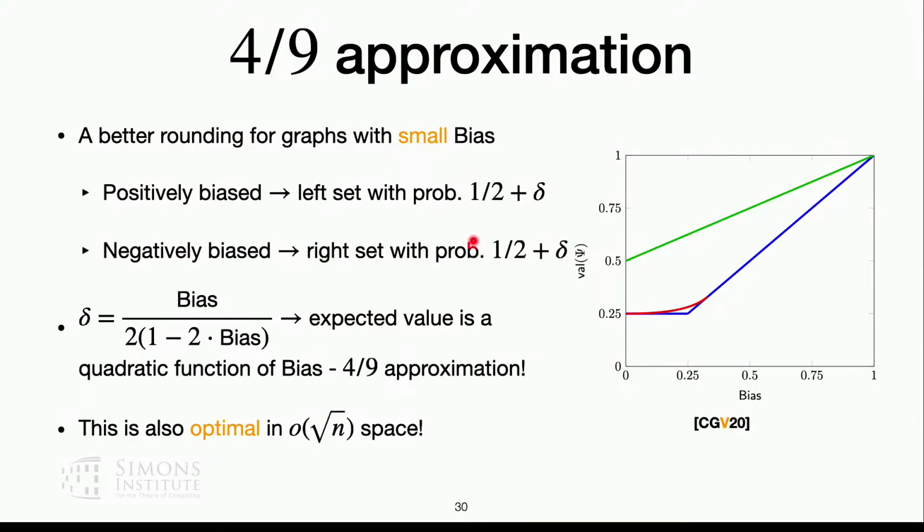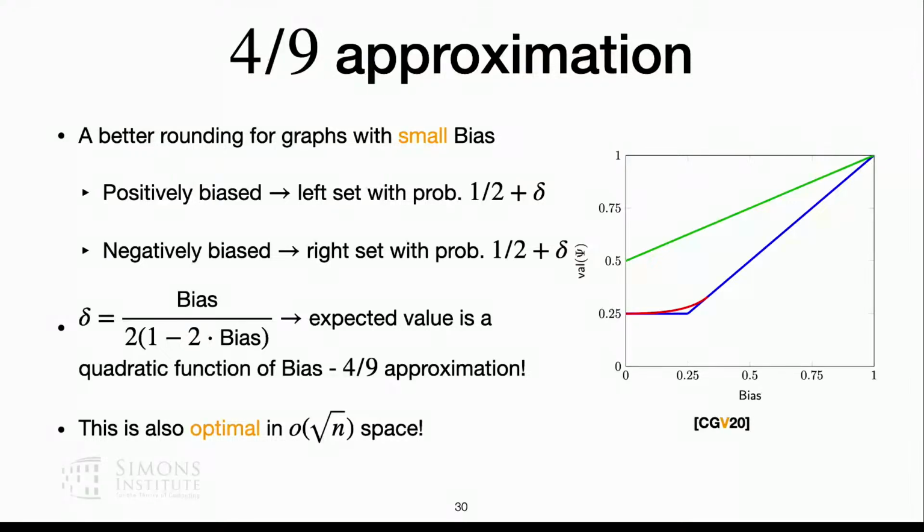Instead, if you look at slightly biased assignments, where if the vertex is positively biased, you place it in the left set with some bias probability, and if negatively biased, in the right set with some bias probability, then you can actually get a better lower bound on the Max-DICUT value in terms of bias. That's what's plotted here in the red curve, and this gives us the 4/9 approximation.